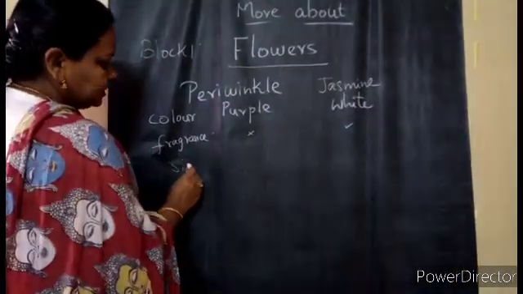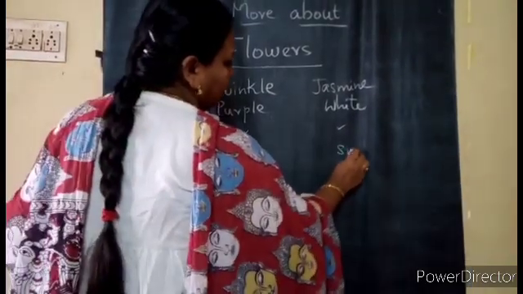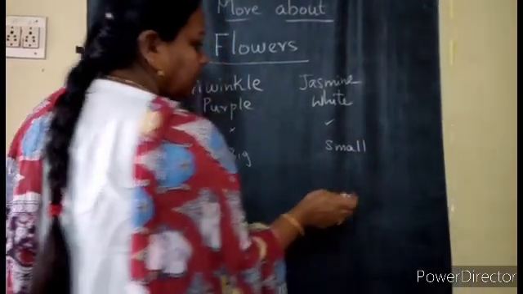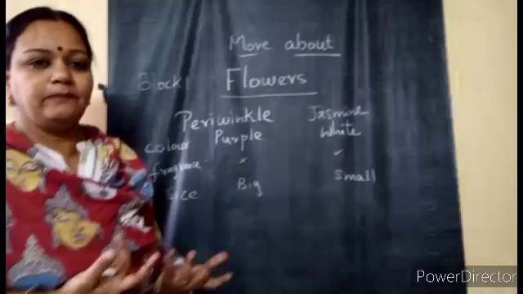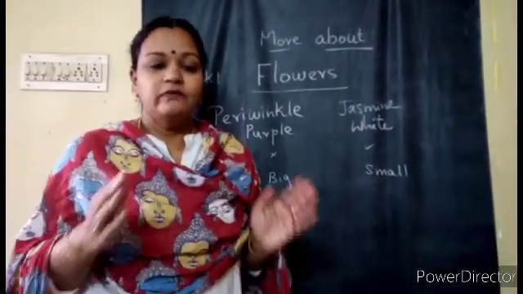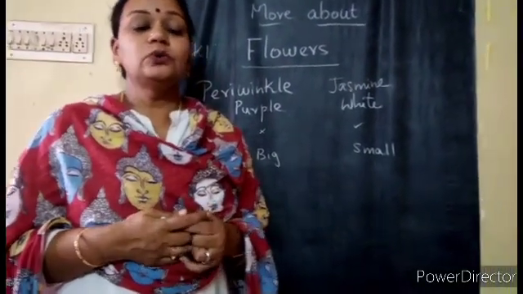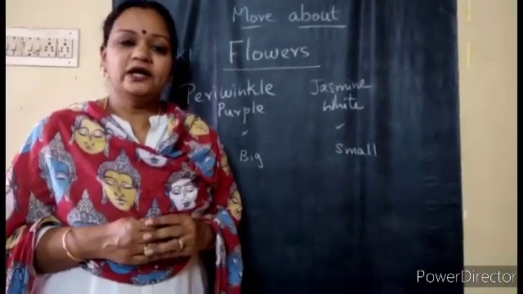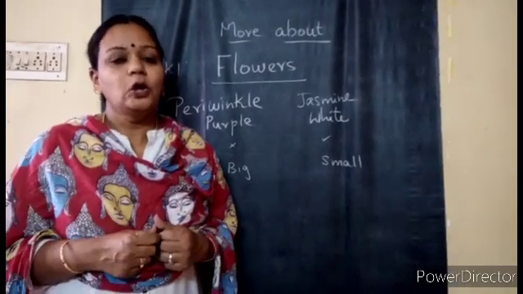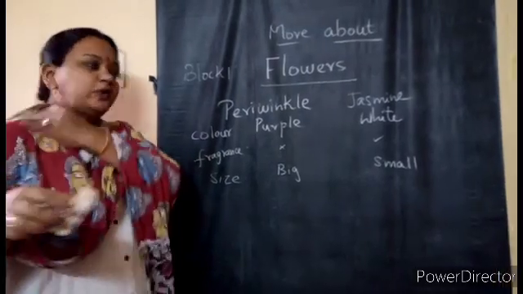And in size, you have seen this one is a little bigger and jasmine is small. Like that, we can take many flowers and compare them. What is this comparison for? When you compare, we can group them. When we group them, we can learn more about them. So today we are going to learn how to group the flowers, and in what ways we can group them.